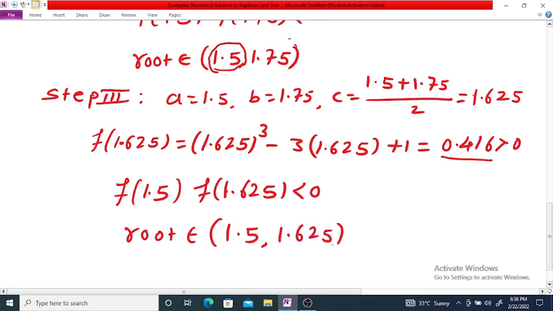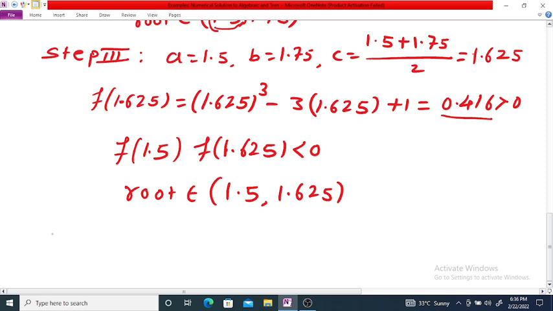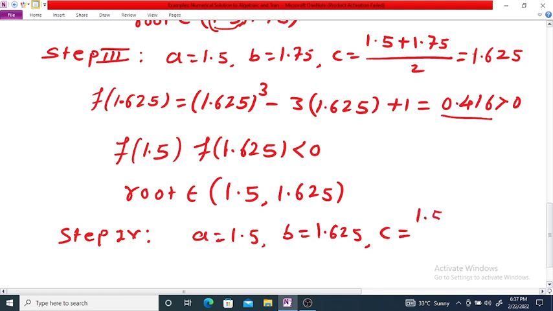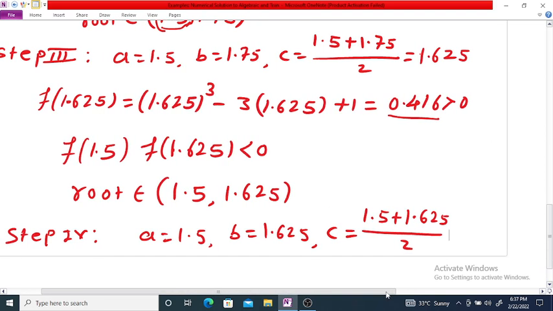Now for the next step, step number 4: a is equal to 1.5, b is equal to 1.625, and c is equal to 1.5 plus 1.625 divided by 2, so c is equal to 1.5625.